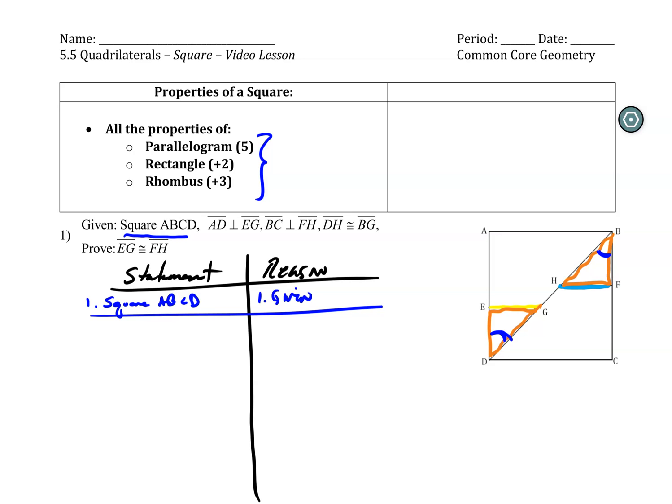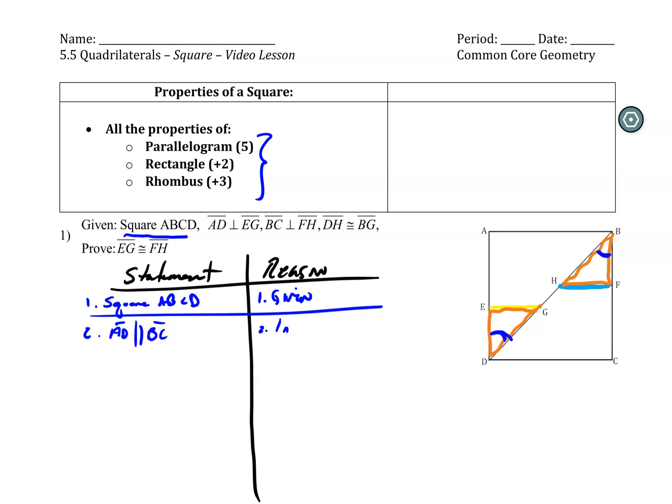Because if AD and BC are parallel to each other, DB is a transversal, making those two blue angles alternate interior angles. So first I have to state that I have parallel lines. So AD is parallel to BC, right?